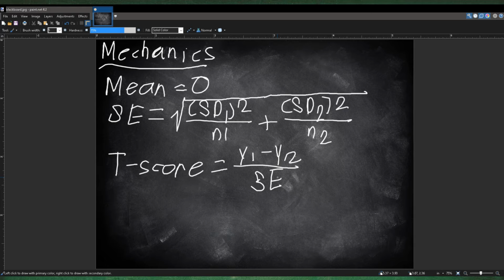You're probably going to use your calculator for this, because every single time you use a t-test, there's always a degrees of freedom, which I write as DF. The formula is really complicated, so it's not something you maybe want to memorize. You'll just use your calculator to find your degrees of freedom, which is going to be a decimal, not a real whole number, so it's a little strange.